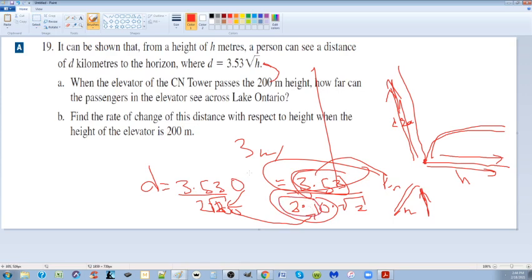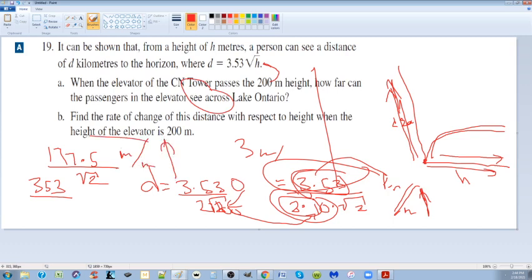When I divide it by 20, I get 353 divided by 2, so I get 176.5 over square root of 2, because I didn't take that out, in meters per meter that I go up in height. That's my rate of change.